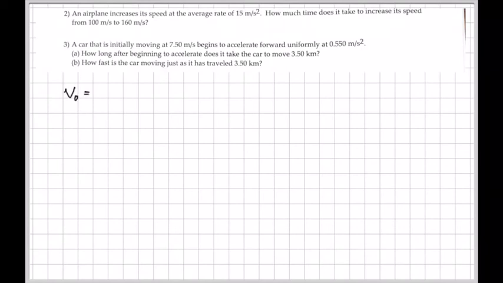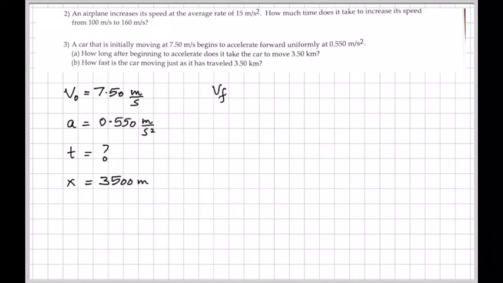So here are the terms. V naught is given. Acceleration is given. Got to find the time. And that is the displacement in meters. 3.5 times 1,000 gives you 3,500. And then you put the equation down. I'm trying to do the B part first. It's on your formula sheet.